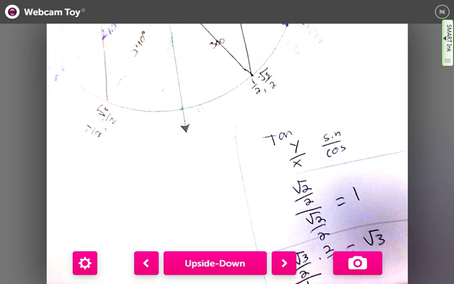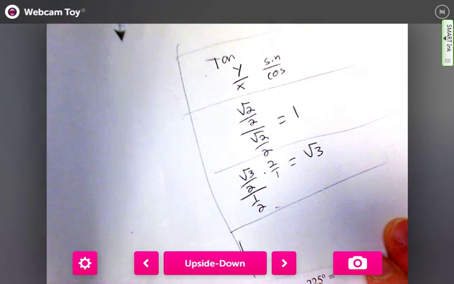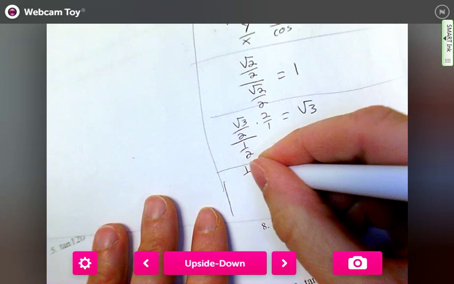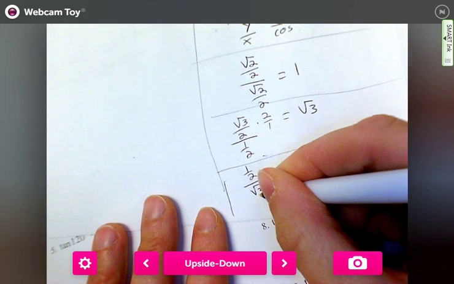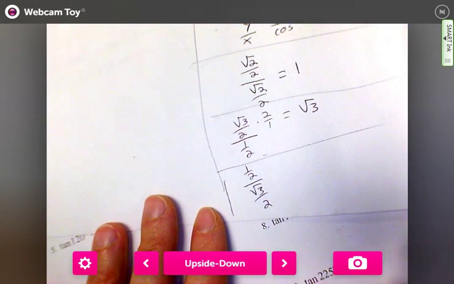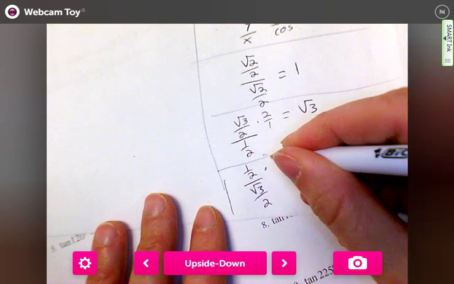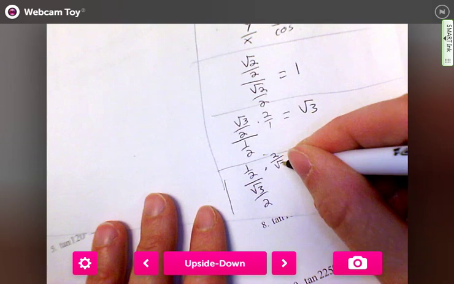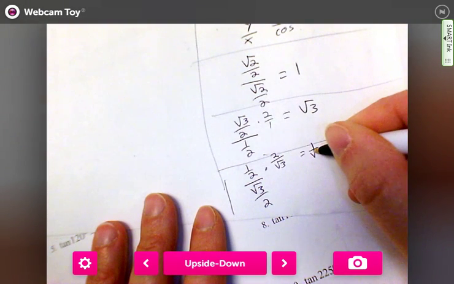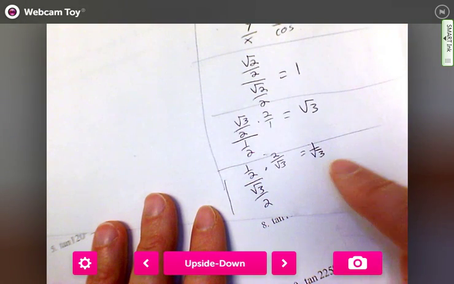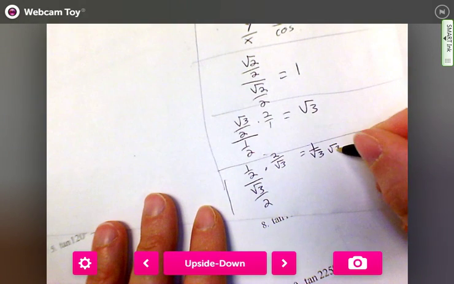And finally, if you have 1/2 over square root 3 over 2, and we're writing this on our paper, so you guys don't have to do this algebra each time, or this arithmetic part. We get 2 over the square root of 3. That gives us 1 over the square root of 3. Can't have a square root of 3 on the bottom, so we multiply the top and bottom by the square root of 3.